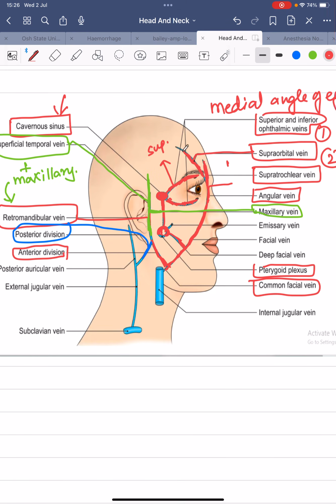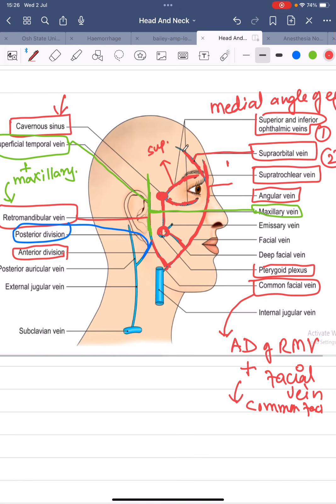So if anyone asks you how the common facial vein is formed, your answer will be that it is formed by the union of the anterior division of the retromandibular vein plus the facial vein. These two join together to form the common facial vein, and this common facial vein drains into your internal jugular vein. This is your large one, the internal jugular vein.